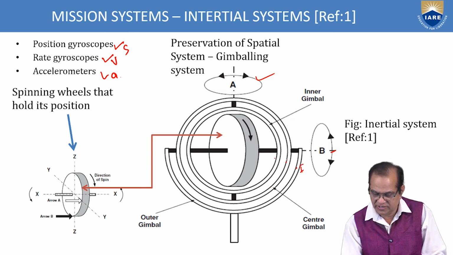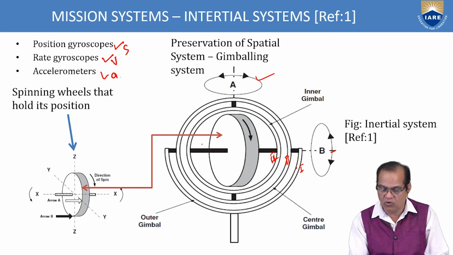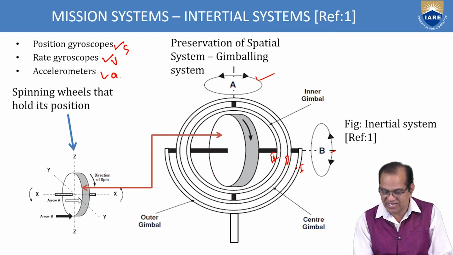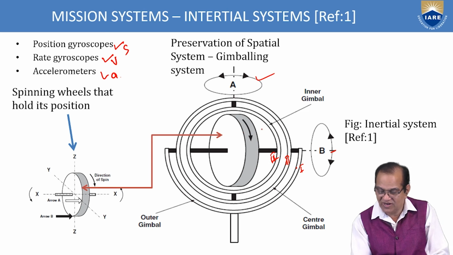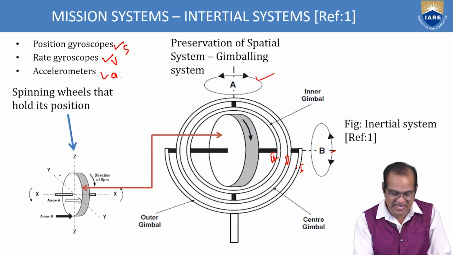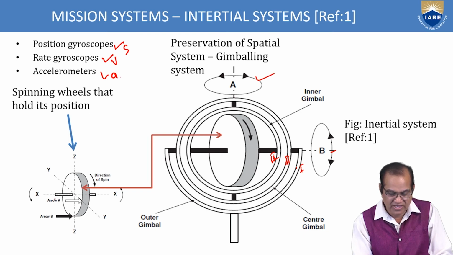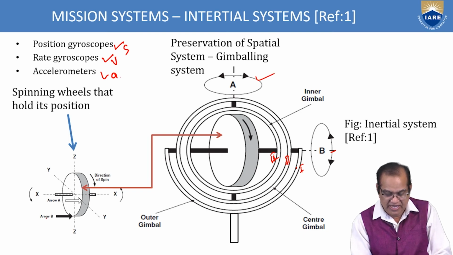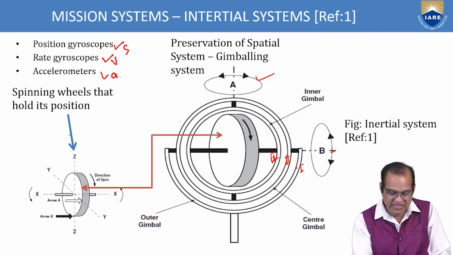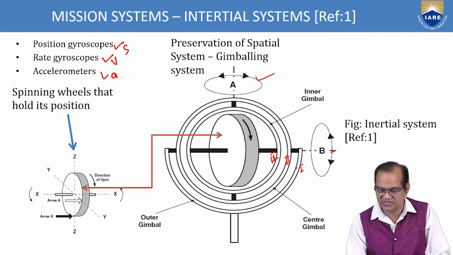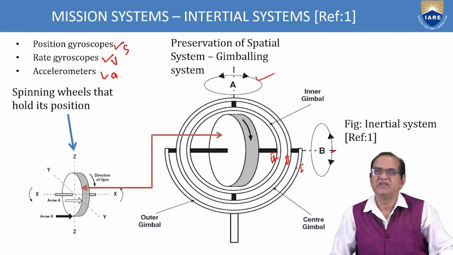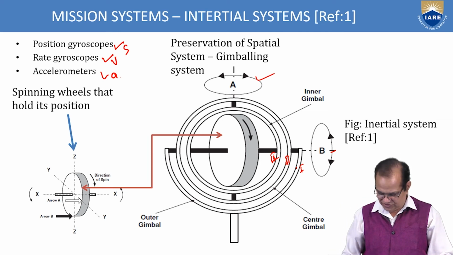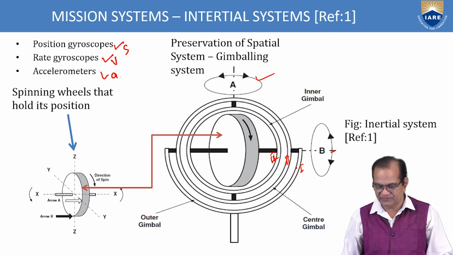If you move this in this direction, the others will also move in the different X, Y and Z. You can see the direction of the spin, and here it is the Z axis. So it is a simple working principle of the preservation of spatial systems, gimbaling systems. This is shown here in this way.